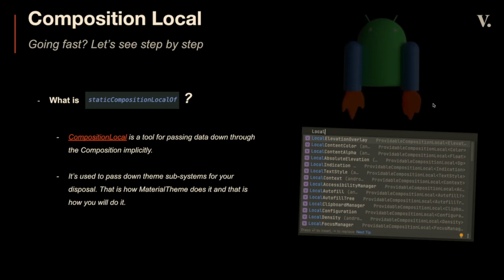That's why it is implicit, no need to pass a variable as method parameter for the composable. So we can forget passing context as an argument. There are many other existing local compositions. We can just go to Android Studio and start typing local, and you will see something like this screenshot.